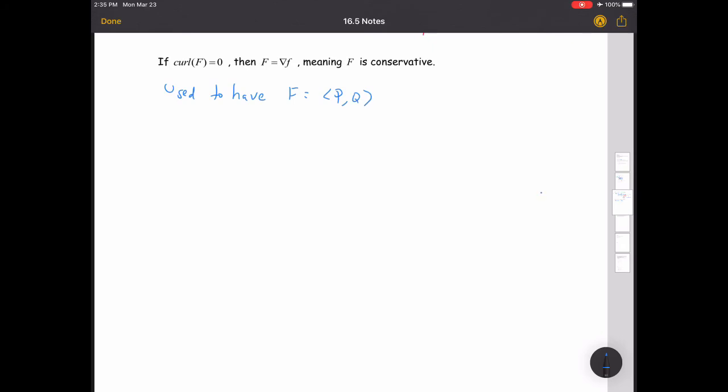And remember, the idea there was to figure out if it was conservative: if dP dy equals dQ dx, then that means conservative. And that's what we had in 2 dimensions. Well, now we're just extending this idea, because remember that this could also be P, Q, 0. You could extend that to 3 dimensions by doing P, Q, 0.